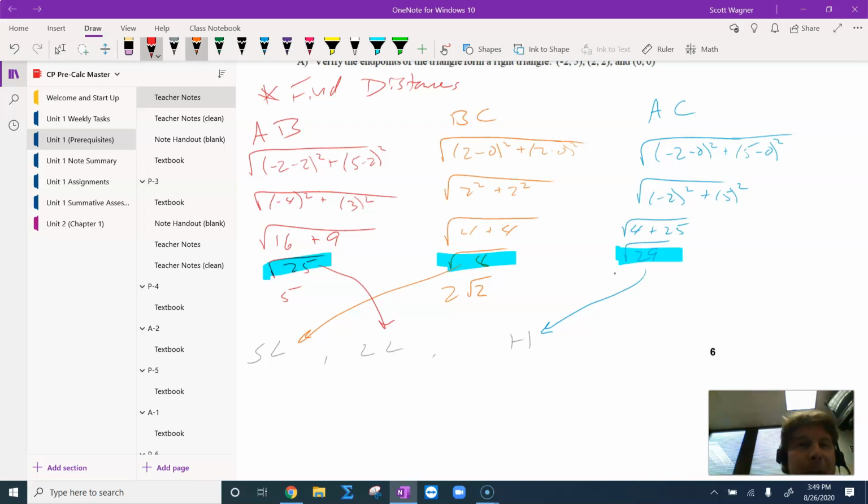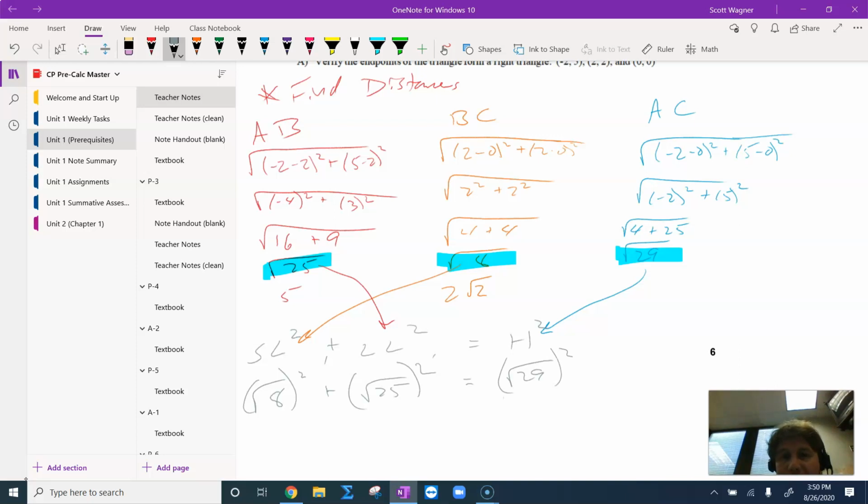So the Pythagorean theorem says if this holds true, I can take the short leg squared plus the long leg squared and set it equal to the hypotenuse squared. A squared plus b squared equals c squared. I'll just use the square roots to make this faster. The square root of 8 squared plus the square root of 25 squared equals the square root of 29 squared.